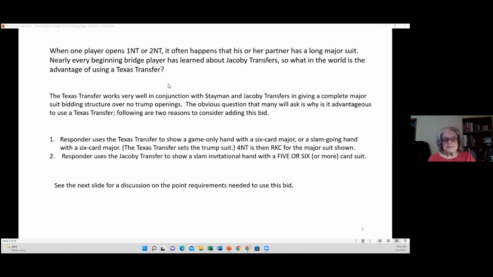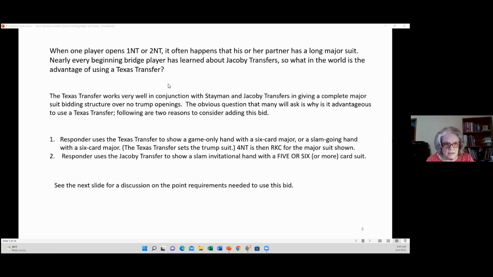So responder uses Texas to show a hand that is definitely game only or definitely slam. He uses the Jacoby transfer to indicate a slam invitational hand. He does that by transferring at the 2 level. Jacobys are done at the 2 level, and then jumping to game immediately.